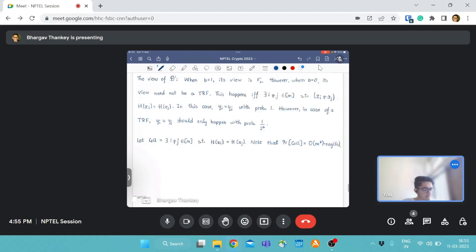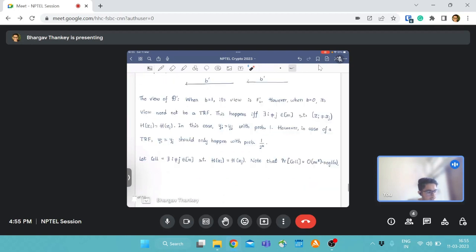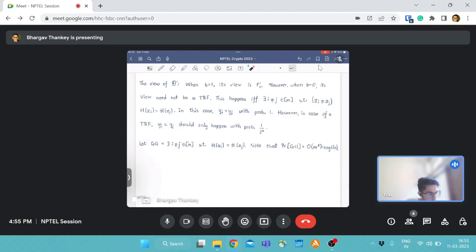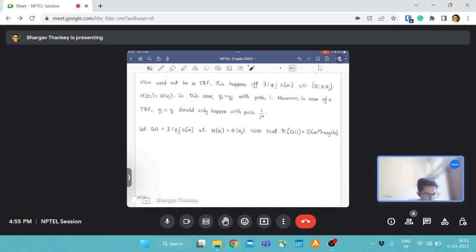Why? Because there are order n square pairs over here, and since by assumption h is a collision resistant hash function, for any fixed pair, the probability of collision is negligible. So by union bound, for all pairs, the probability of collision is order n square times negligible in n. Is this clear? Which is itself negligible.